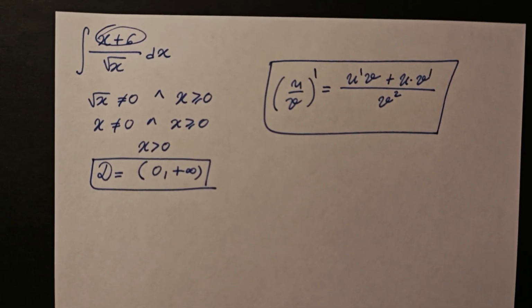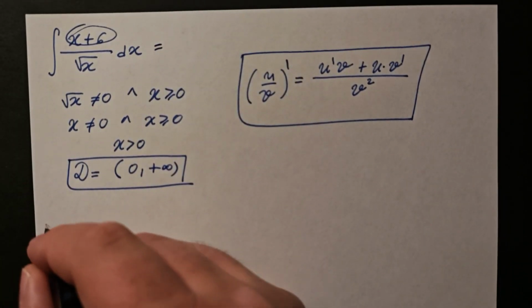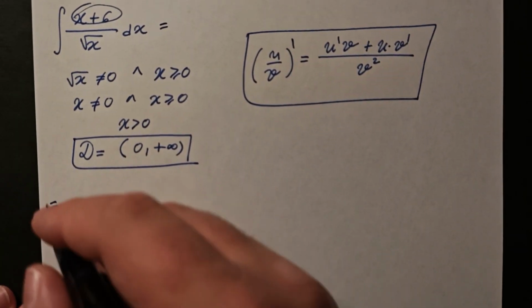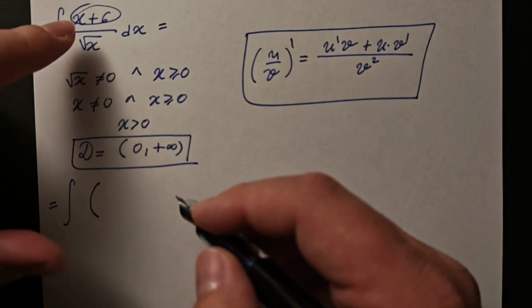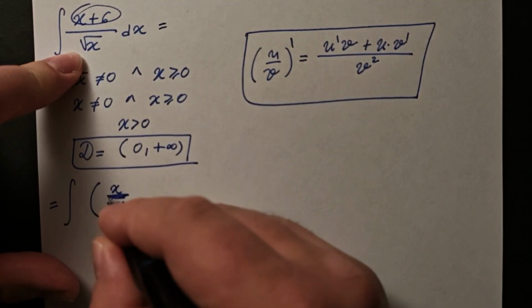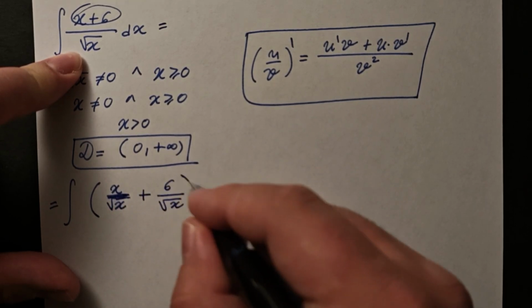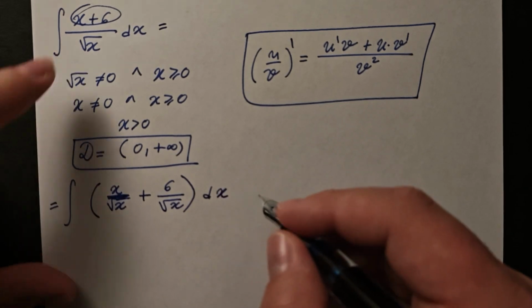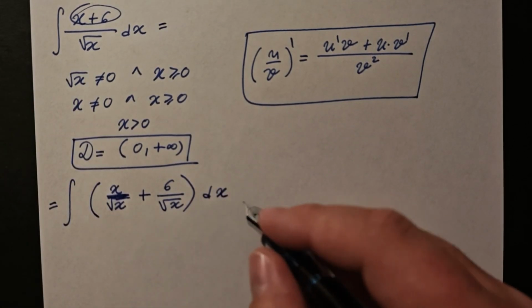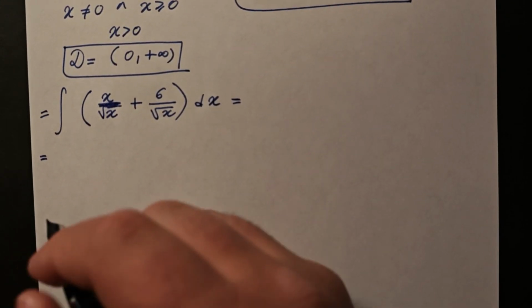Let's use algebra to break this into two fractions. So this integral can be broken into an integral of x divided by a square root of x, plus 6 divided by a square root of x, dx. Now we can use the linearity of the integral operator.